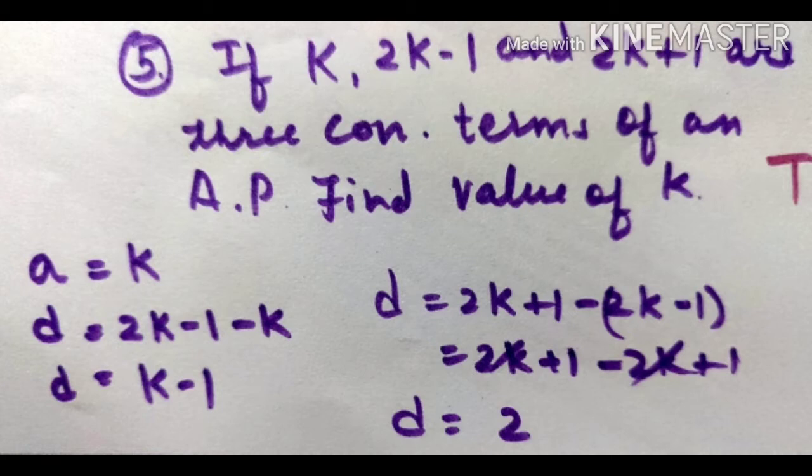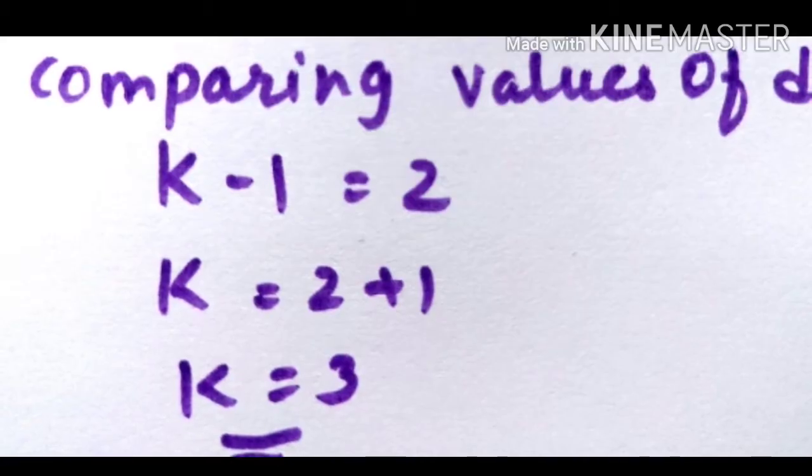So the common difference from the second and third terms I get 2, and from the first and second terms I get k minus 1. But as you know it is an arithmetic progression, the common difference must be the same throughout. For that we will now compare the values of d we found differently. So now comparing the values of d.